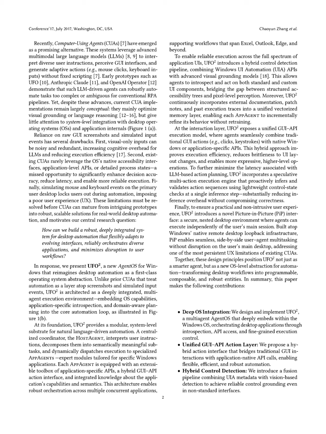This system-level integration allows UFO2 to orchestrate complex workflows across multiple applications while minimizing disruption to user activities through its picture-in-picture interface. Ultimately, UFO2 transforms desktop automation from a fragile script-based approach into a robust, scalable solution that can flexibly adapt to evolving interfaces and diverse application environments.